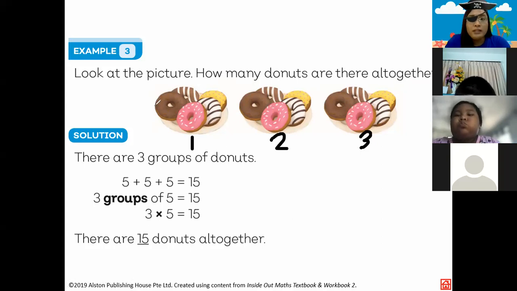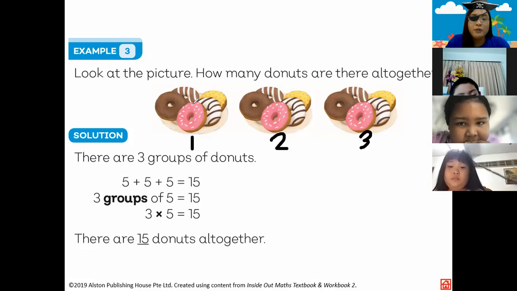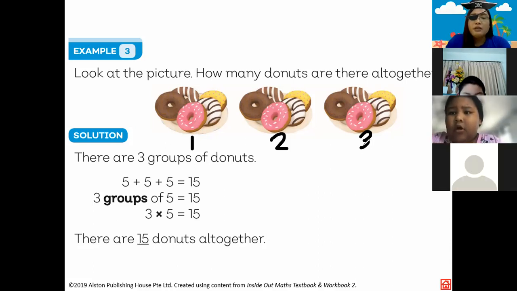How many donuts in each group? There are 5. Good job, Ashita. So there are 5 donuts in each group. For group 1, 5 donuts. For group 2, 5 donuts. For group 3, 5 donuts.